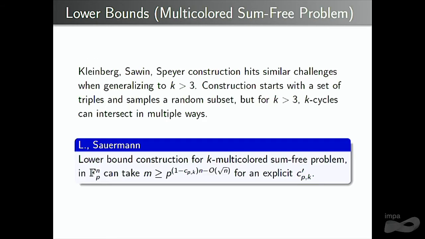And a construction for the multicolored sum-free problem gives a construction for the removal lemma. Basically, the removal lemma implies the multicolored sum-free problem relatively easily, and so a construction for it gives a construction.